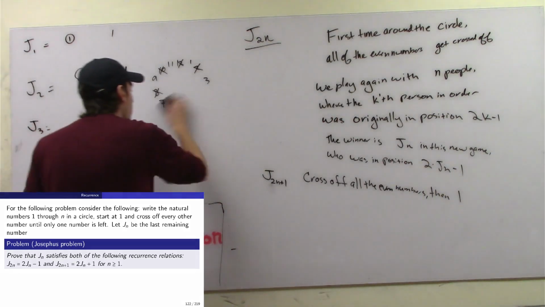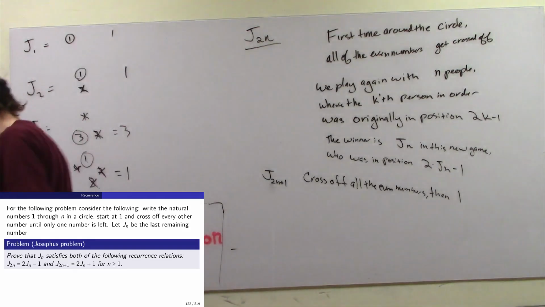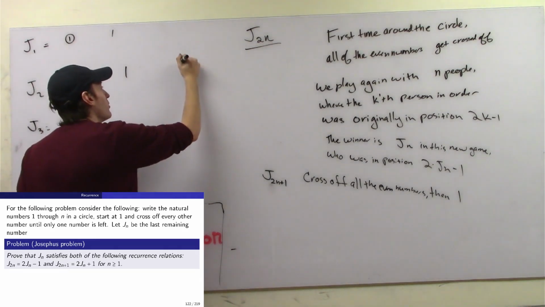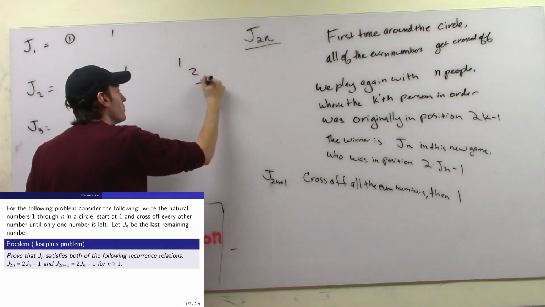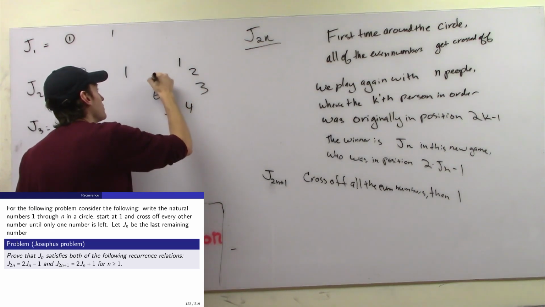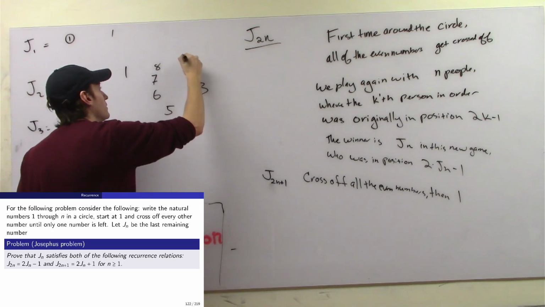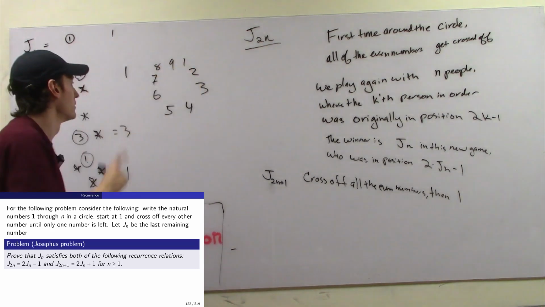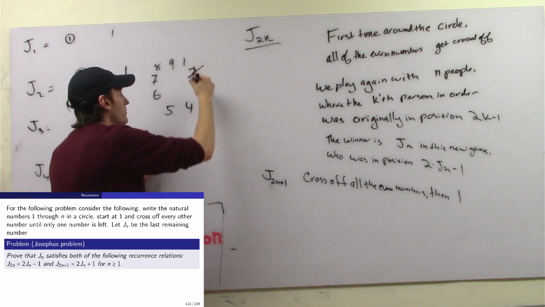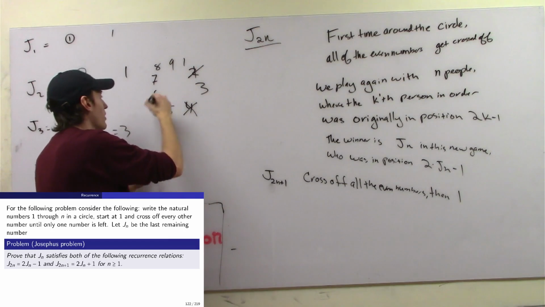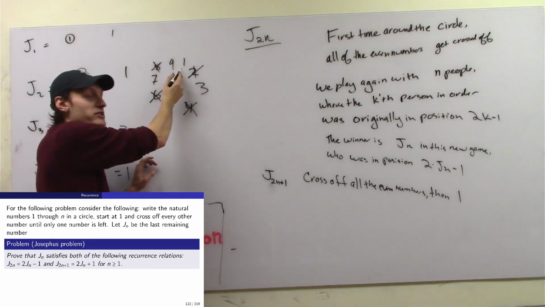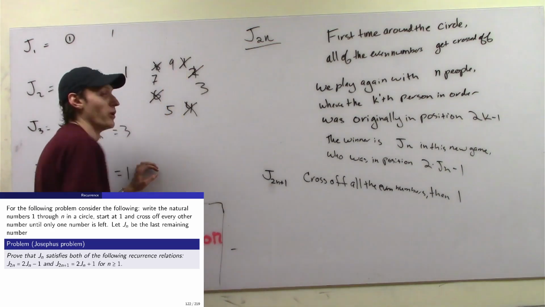Now we have an odd number of numbers around here. 1, 2, 3, 4, 5, 6, 7, 8, 9. I start at 1. What I'm prescribing: cross off the even, cross off the next even, cross off the next even, cross off the next even, and then come back just past my starting point, cross off 1.